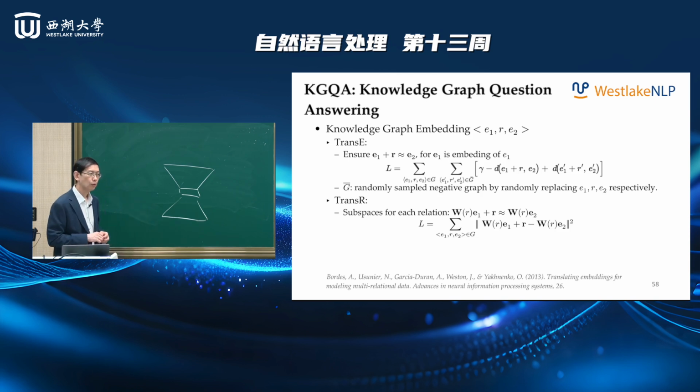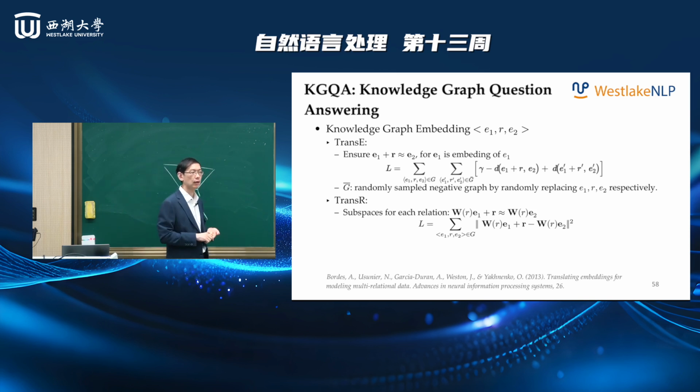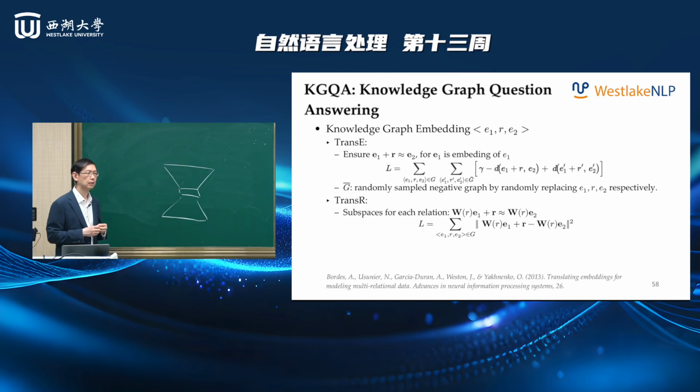Okay, we learned QA from tables. We learned QA from passages. And in week 1, I also discussed with you knowledge graphs. You can also do QA over knowledge graphs. Okay, here I show you an example.